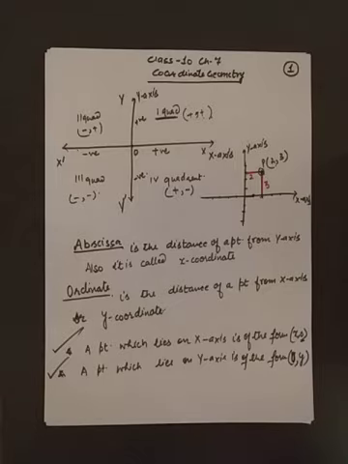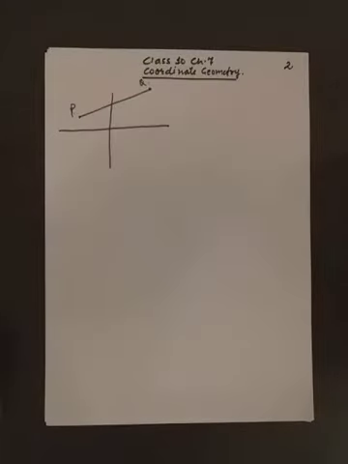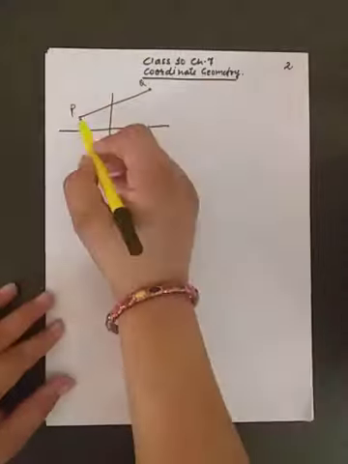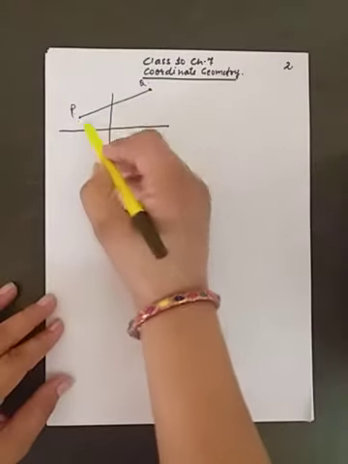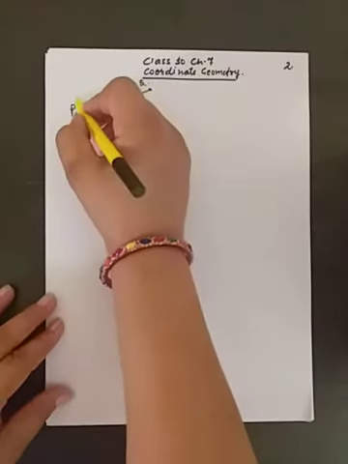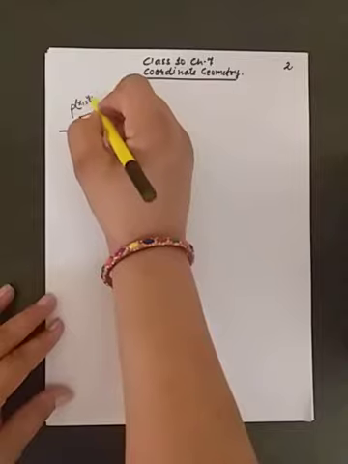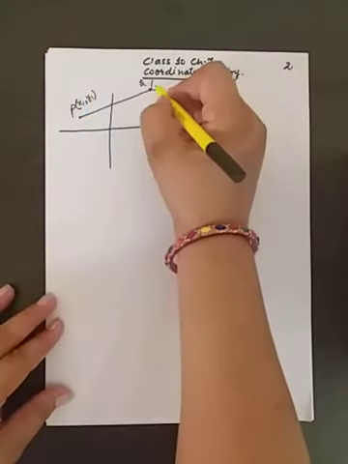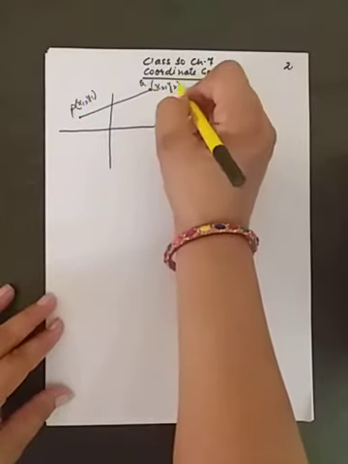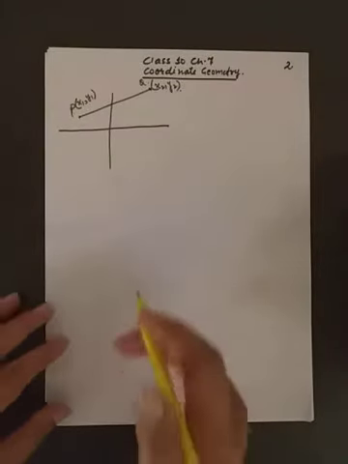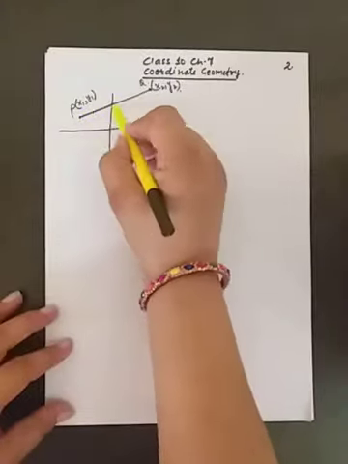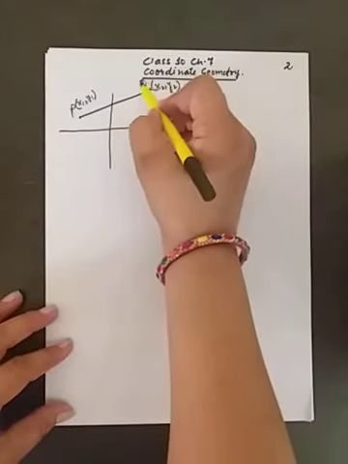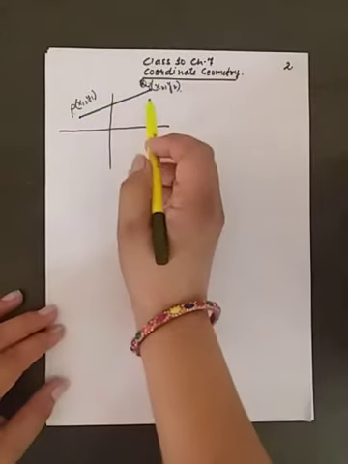What is the distance formula? Now you have two points, P and Q, in the Cartesian plane. Suppose the coordinates of P are (x1, y1) and the coordinates of Q are (x2, y2). By using the distance formula we can find the distance between these two points, or you can say the length of PQ.